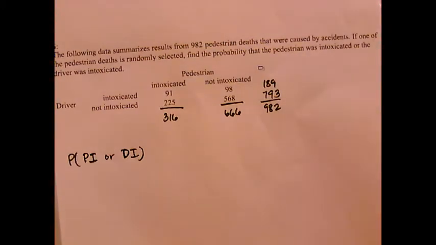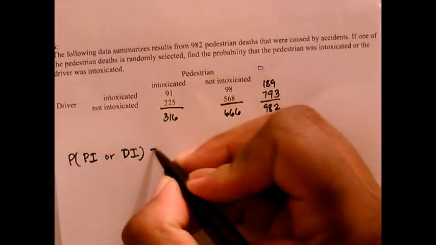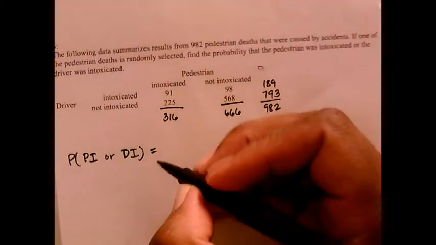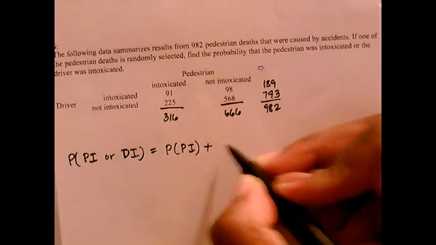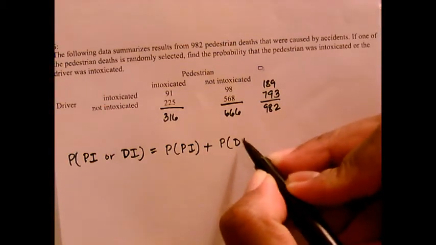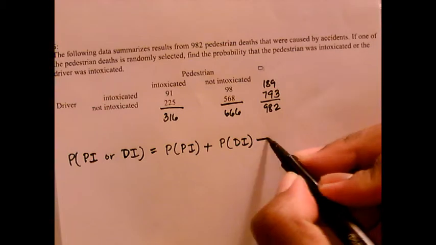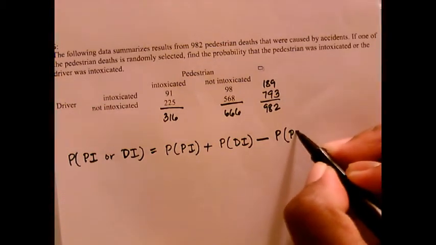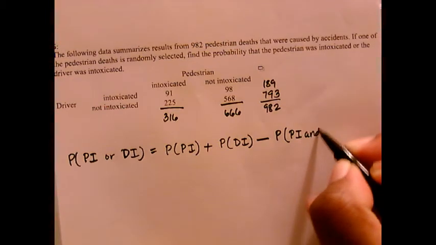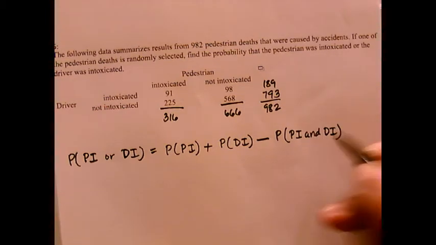So we do have to use the formal addition rule, which is going to be the probability of the pedestrian intoxicated plus the probability that the driver was intoxicated, but then we have to subtract off the probability that the pedestrian intoxicated and the driver intoxicated.